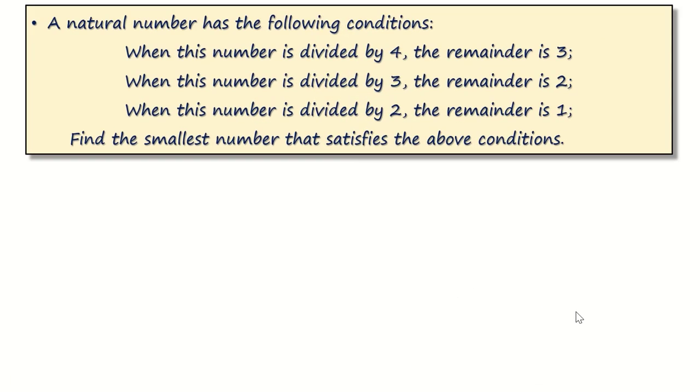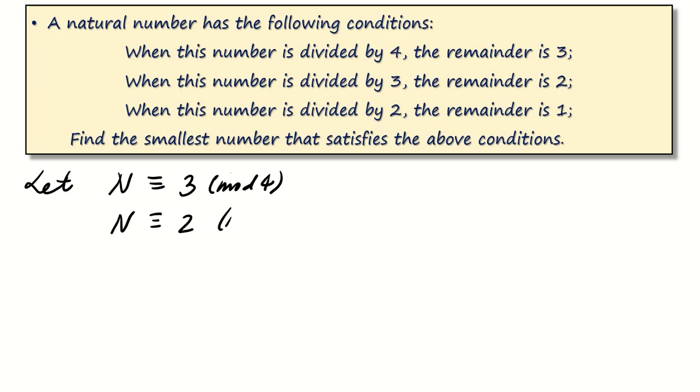Next, this one is slightly different. Let n be congruent to 3 mod 4, and n congruent to 2 mod 3. Likewise, n is congruent to 1 mod 2. The answer for this question is not a very big number, so we can actually list it out.